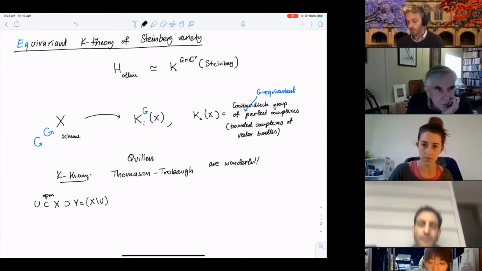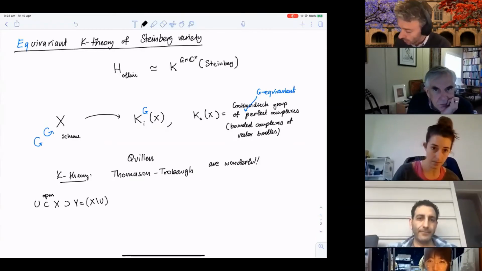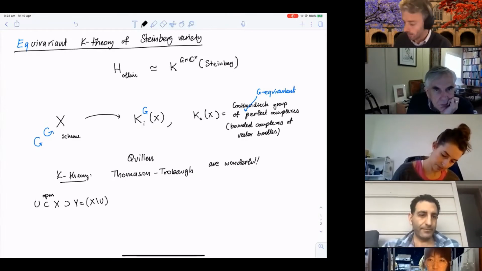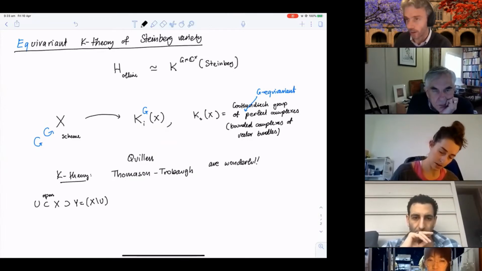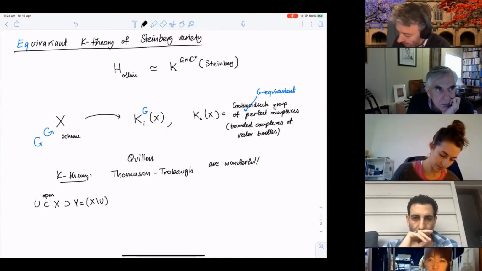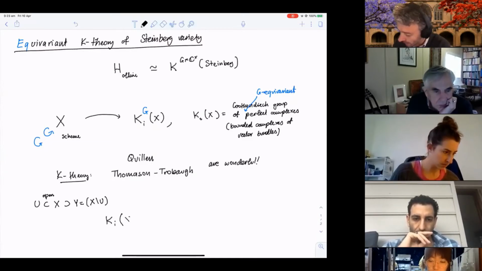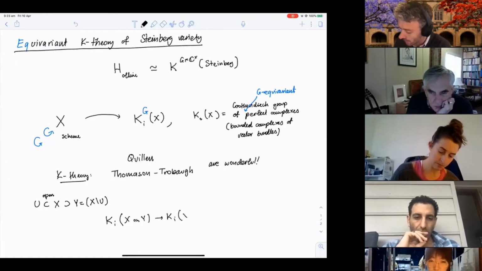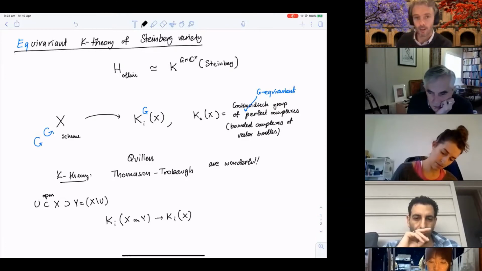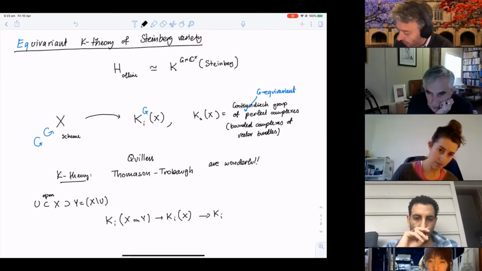We can consider perfect complexes on X supported on Y, and the K theory of that gives us K_i, which in the Thomason and Trobaugh paper is denoted K_i of X on Y. There are perfect complexes on X. And then you can, of course, restrict to an open.